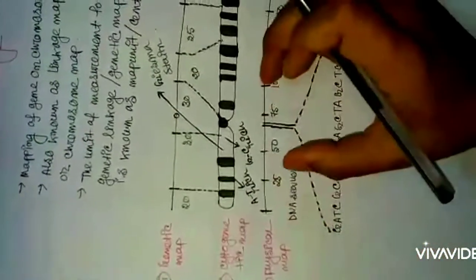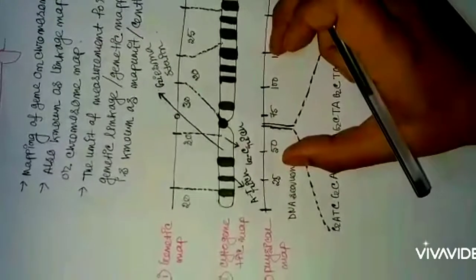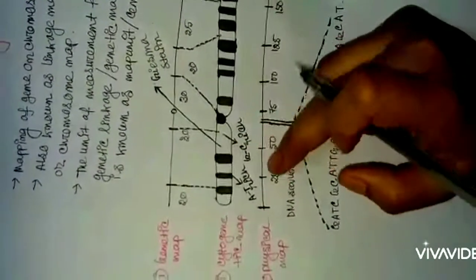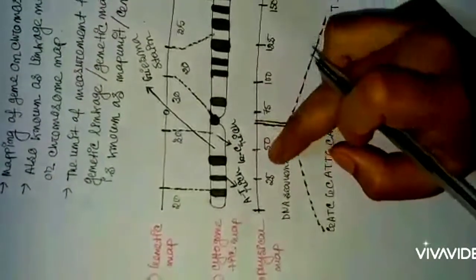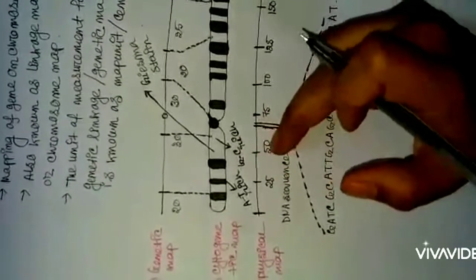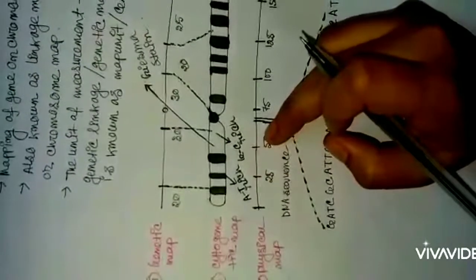So the last mapping, physical mapping. So it measures the base pairs. Okay, how many base pairs are present between the 2 points it is measuring. And if we are taking the 2 points, it will let us know how many base pairs are present between these 2 points.